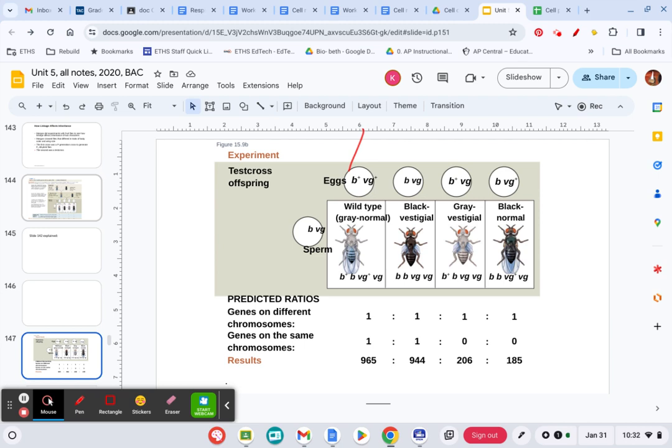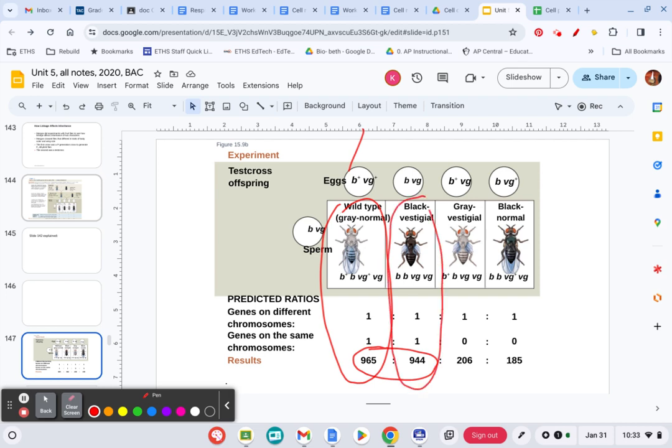So when he did these two particular traits, what he found, or again, like I said, one of his poor graduate students found, is that he had a large number of flies that looked like their parents. So 965 were gray-bodied and normal-winged, and 944 were black-bodied and vestigial.